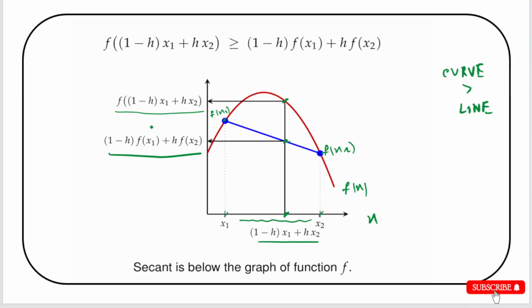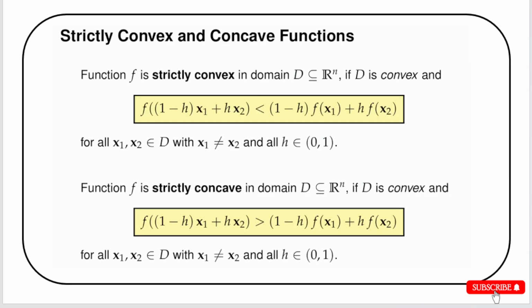And you can pretty clearly compare that this is greater than or equal to, right? So this value lies above this value. This is a higher value, and this is the condition for a concave function. I hope graphically you understood these things. It's very simple if you know the logic behind it.